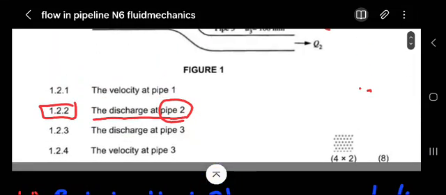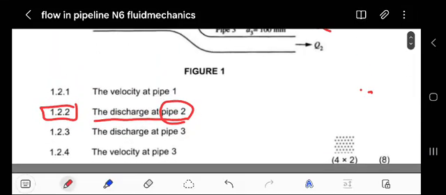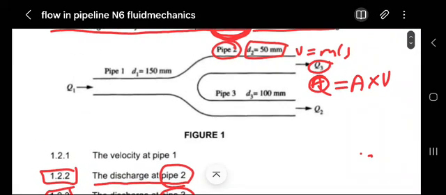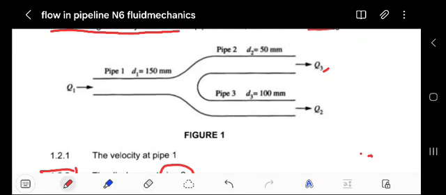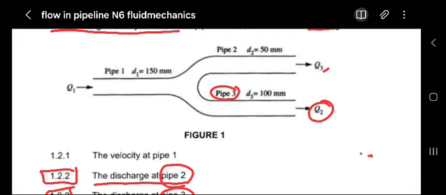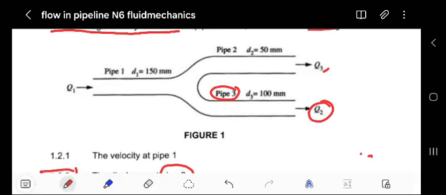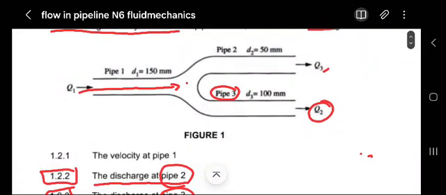1.2.3 says discharge at pipe 3. Here is pipe 3, so the discharge is Q2. How can we find this? Remember that Q1 will split as the water reaches this point.